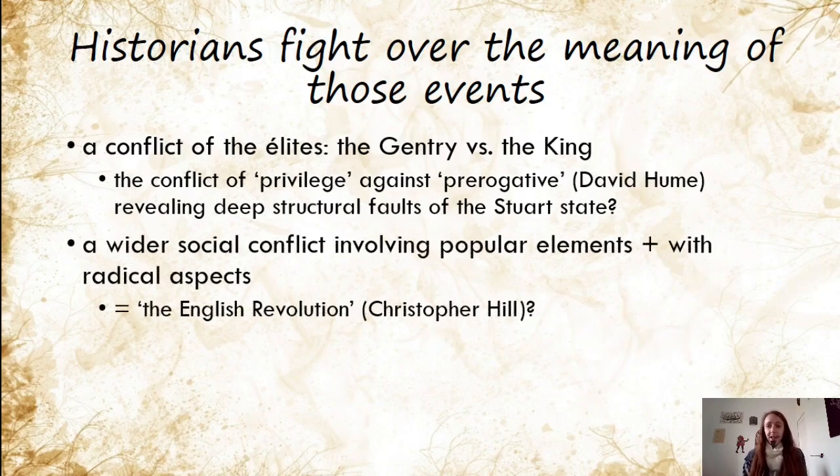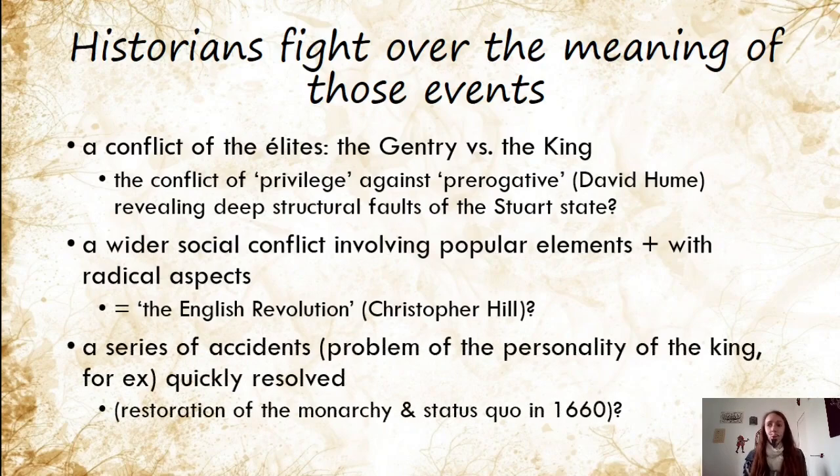But it's also been argued that it was actually a wider social conflict involving popular elements with radical aspects as well. Now we're quoting Christopher Hill, we've mentioned him before, and the idea of the English Revolution, or even revolutions with an S.